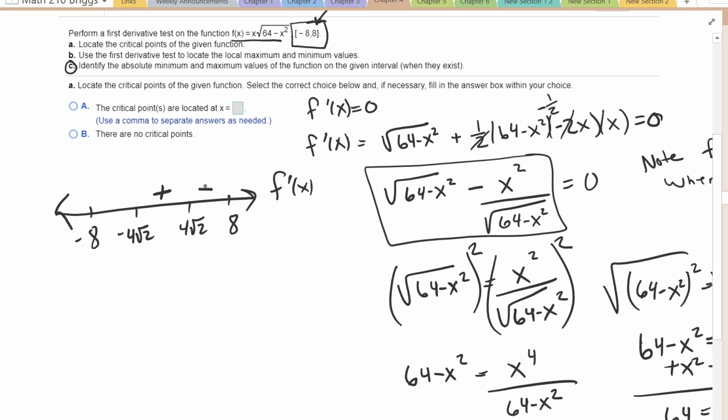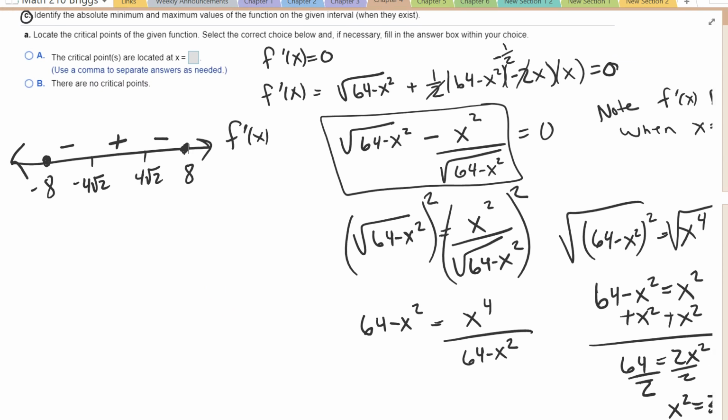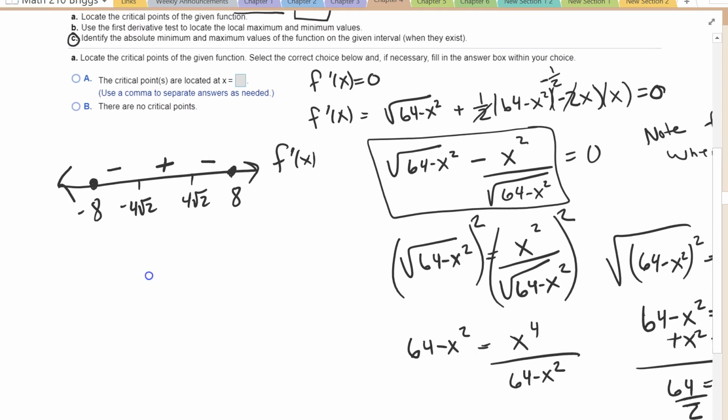So here, if I plug in minus 6, I get a negative number. So the value of the function doesn't exist to the left of -8 or the right of 8. So here are going to be my critical points. The slope is going negative, positive, negative. So this is going to be a local minimum, and this is going to be a local maximum.